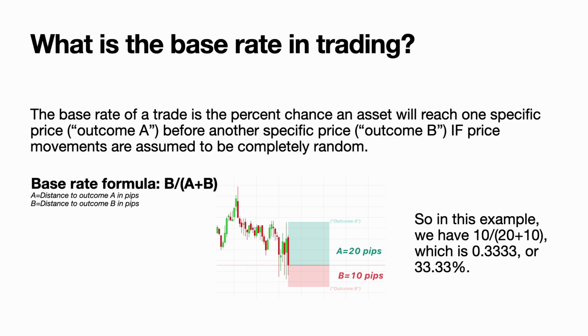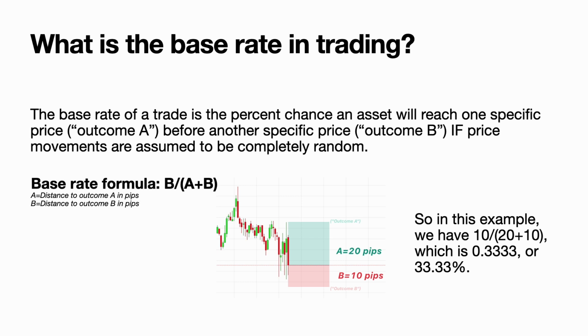And for this example, it would be 10 divided by 20 plus 10, so 10 divided by 30, which is 0.333 or 33.33%.